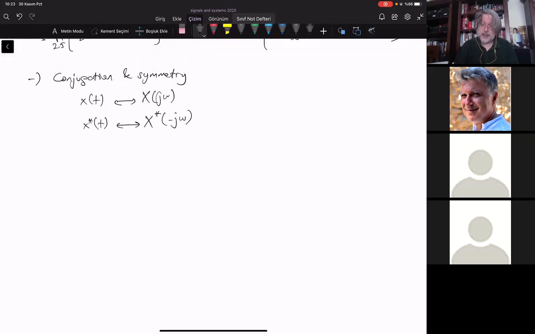This is easy to show, really. Just write the formula and inside it put the conjugate term, and then make substitution of variables.